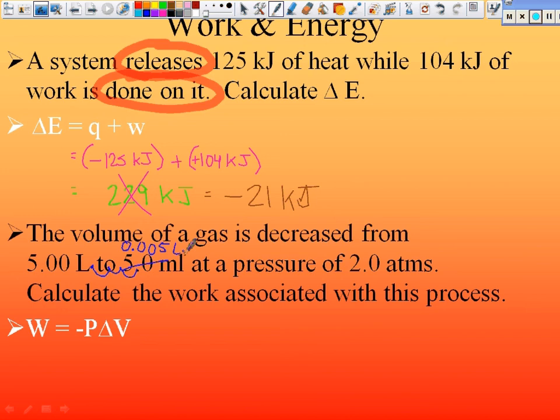So what is your delta V? So we've got equal negative P, which is 2 atmospheres. It is a repeating decimal. So what's your change in volume? Negative 0.4995 liters. Why did I say negative?